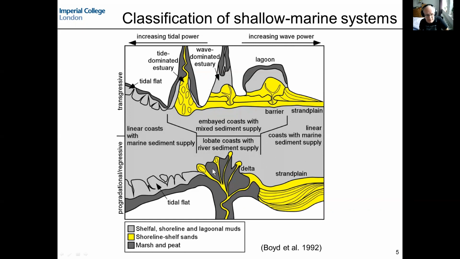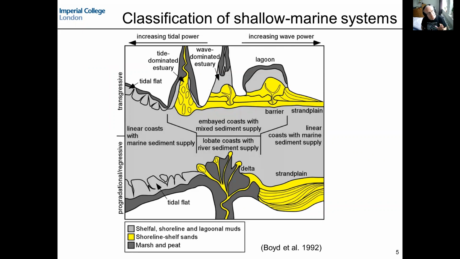So we can see deltas, tidal flats, and strand plains. Those are all types of shorelines which are typically progradational or regressive. The top part of the diagram, we see estuaries, tidal flats, and barrier islands. And those are the types of shorelines which are predominantly transgressive in origin.